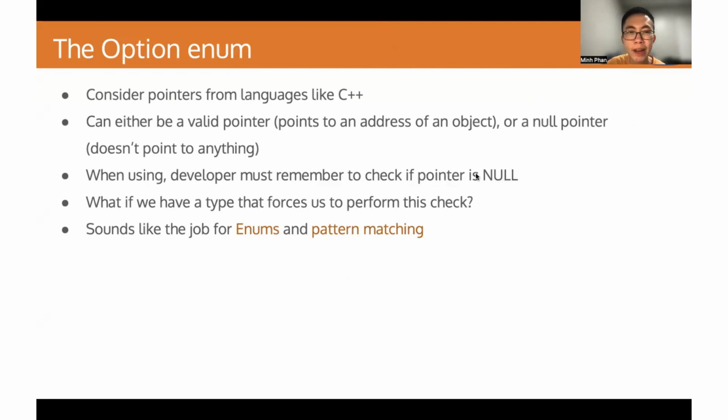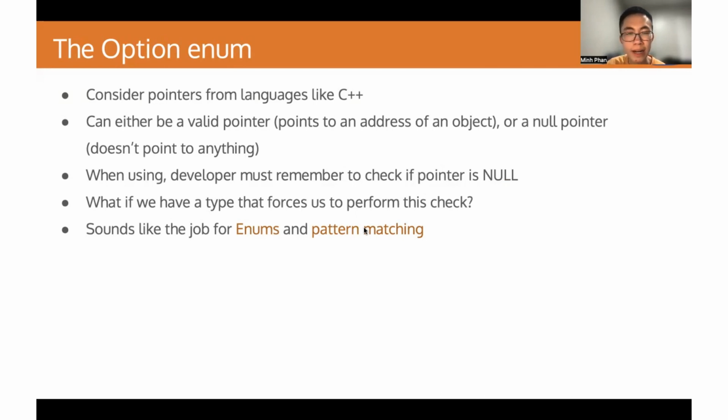When using pointers, developers must always remember to check if the pointer is null. This is often very hard, and you may also make mistakes where you forget to check and end up with a null pointer dereference. So what if we have a type that forces us to perform this check? The check of whether the pointer is of the variant valid or invalid, or none.